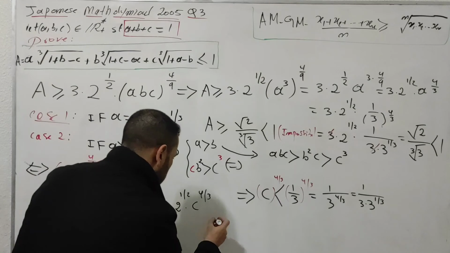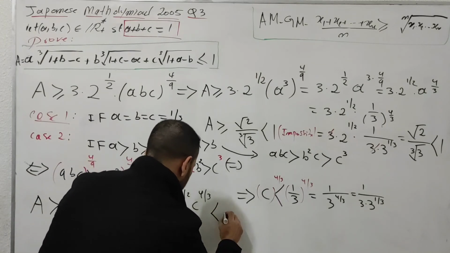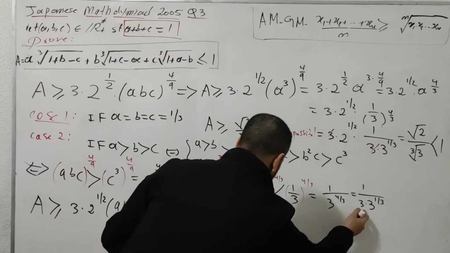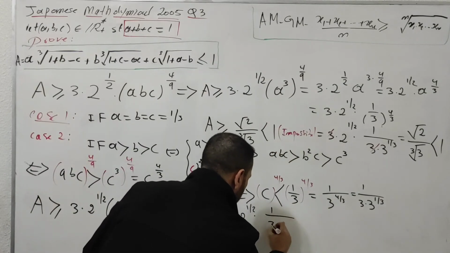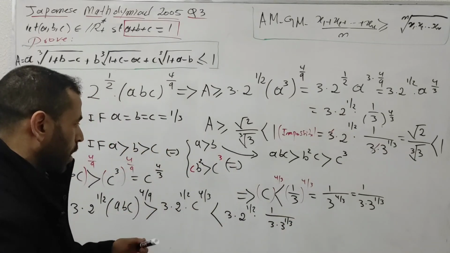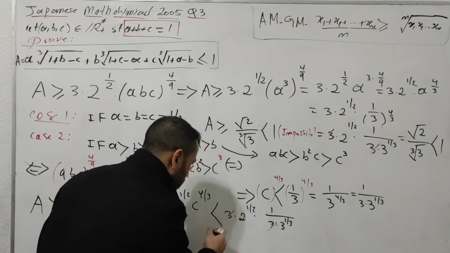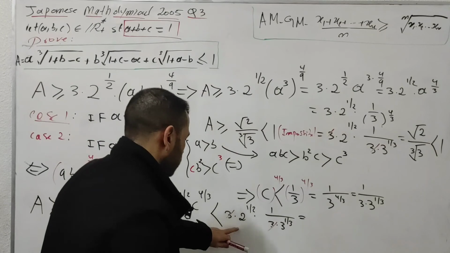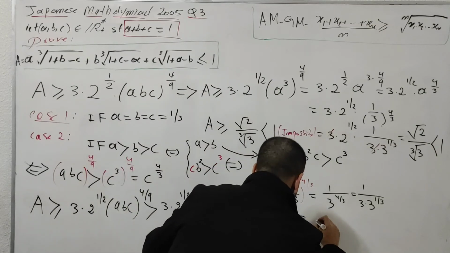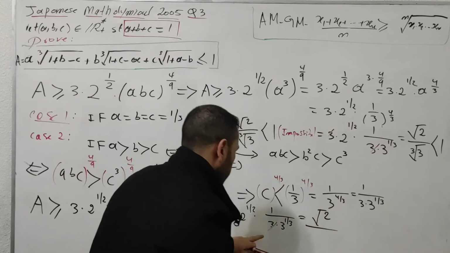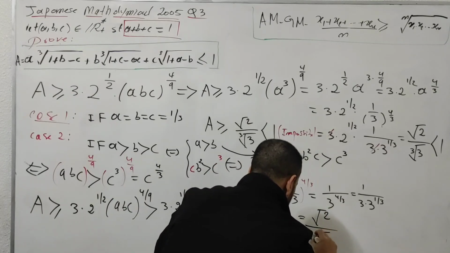So this number will be strictly inferior than 3 multiplied by 2 to the 1 over 2 multiplied by this number, which is 1 over 3 multiplied by 3 to the 1 over 3. Now I will have a nice cancellation here. 3 will be cancelled out with 3. This number becomes 2 to the 1 over 2, which is square root of 2, divided by cube root of 3.